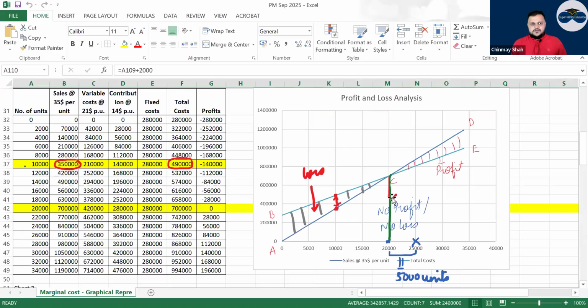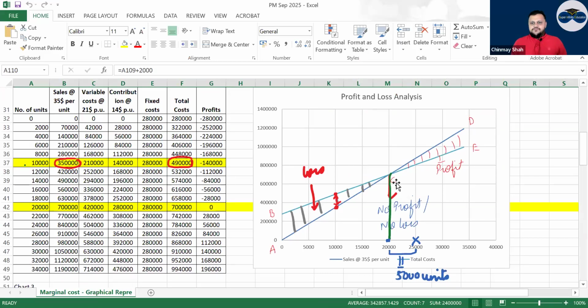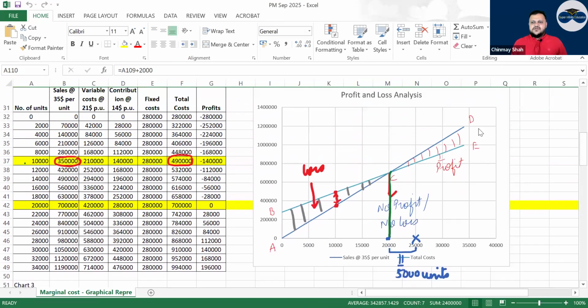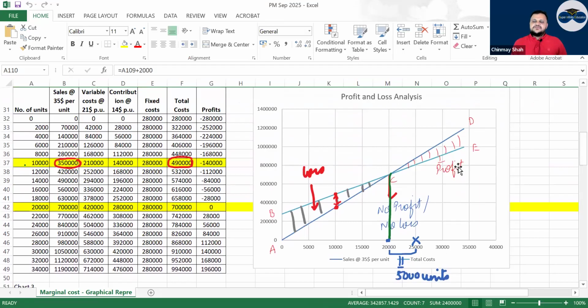I hope the Excel sheet is visible. Excel sheet is visible. Yes, sir. Total sales line, correct? And total cost line, right? Total sales minus total cost. This is the profit that is there. This DCE area, it is self-explanatory. This DCE area is what? Profit. Are you okay with this?